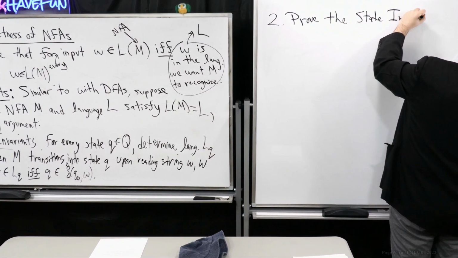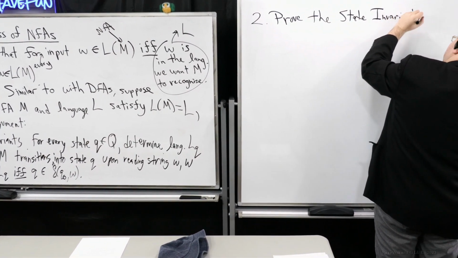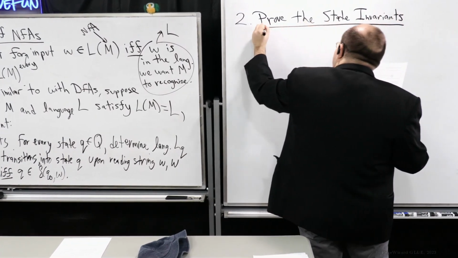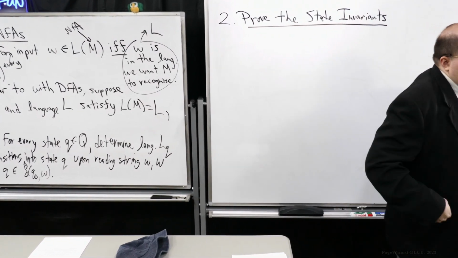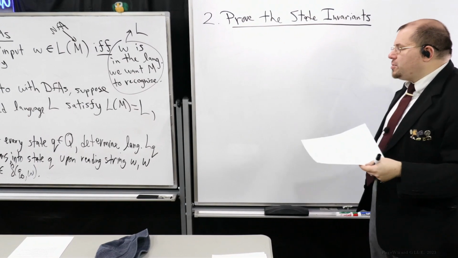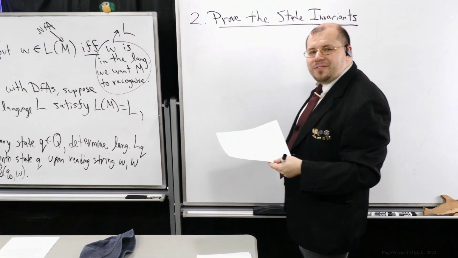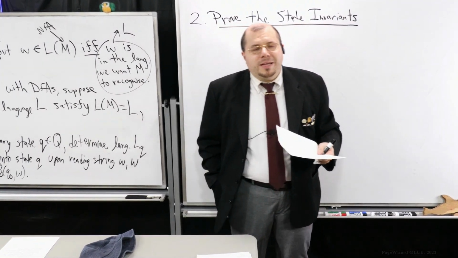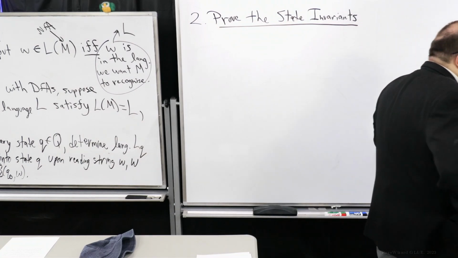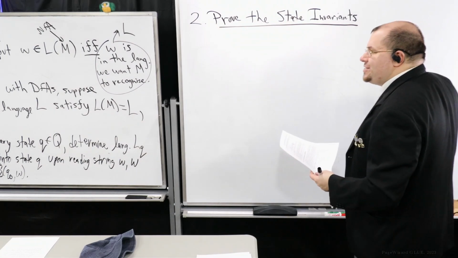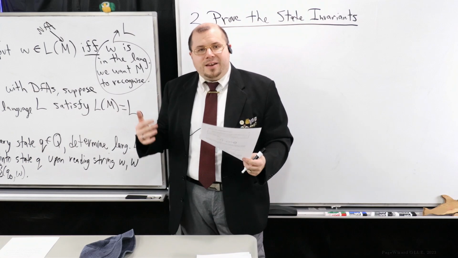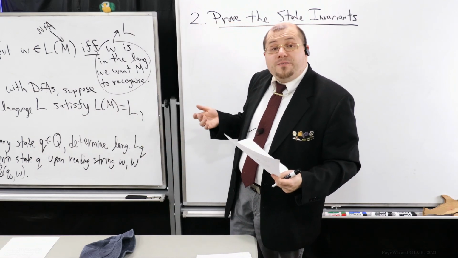The way you design your NFA will play a big role in how you identify the state invariants. So a part of this process of proving the correctness of the NFA may play a role in how you design the NFA too. You might want to design the NFA so it's easy to prove that the NFA is correct, and then work your way from there.